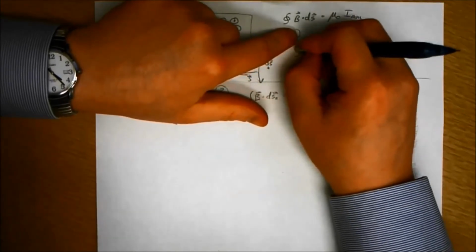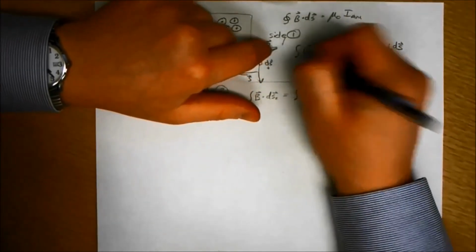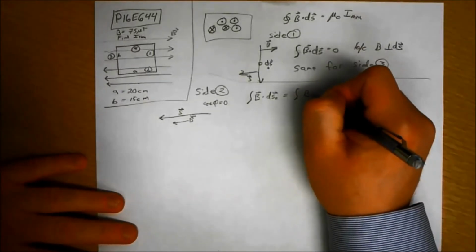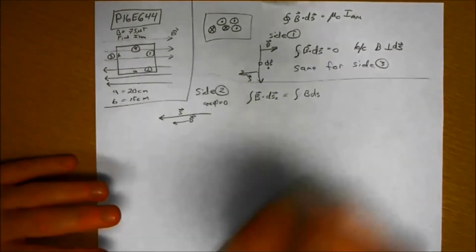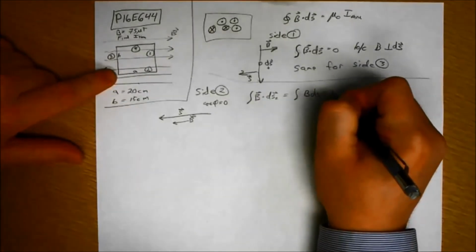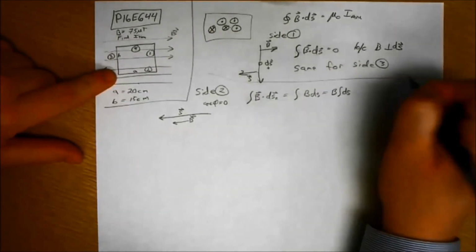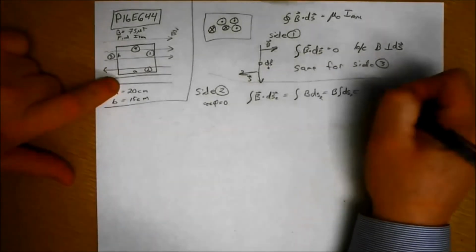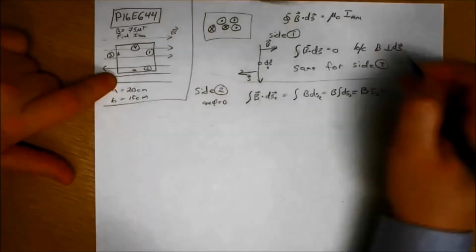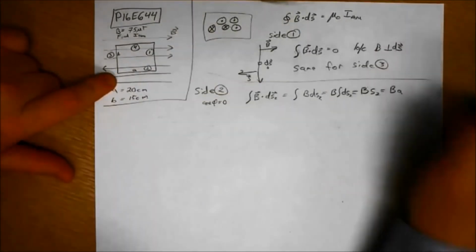I should have done the same thing up here too. I'm being really picky about notation, but we have to be. So this is just equal to B dot ds. And you notice the magnetic field is the same at every point along here, so you can pull B out of the integral. It's just B times the integral. Once I integrate this, this is just B s2, which is equal to B times a. The path distance is a.